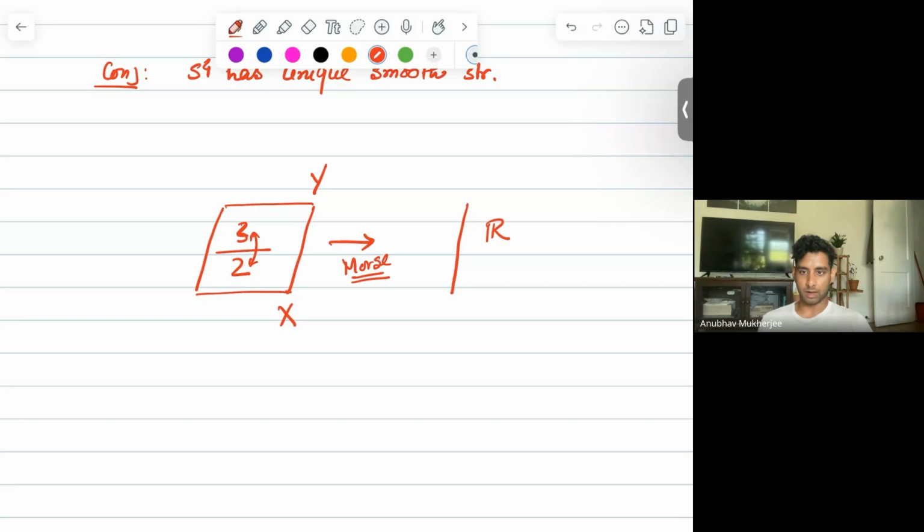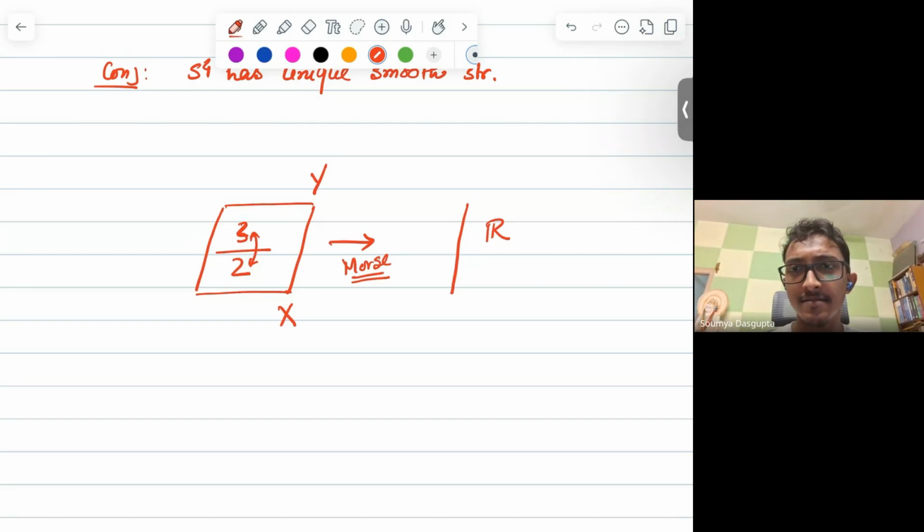So the goal is to have a Morse function with no critical point, which means you have to delete these critical points. In other words, you have to make the surfaces corresponding to them disjoint so that you can cancel them out. And that's where the idea comes from. Okay, thanks.